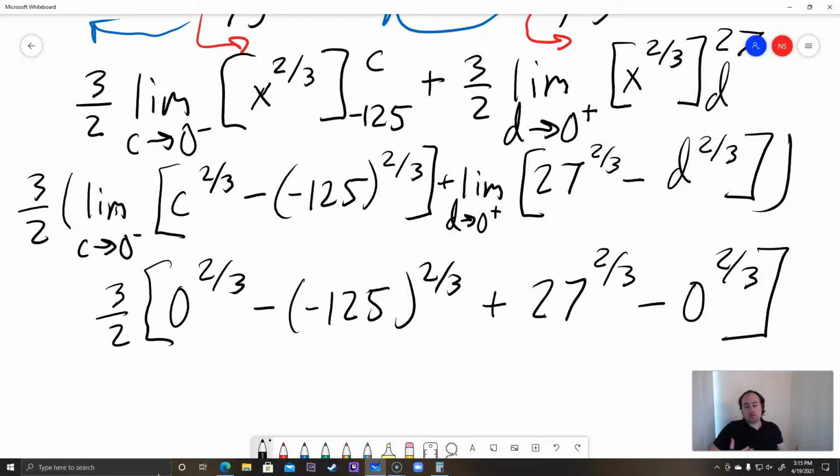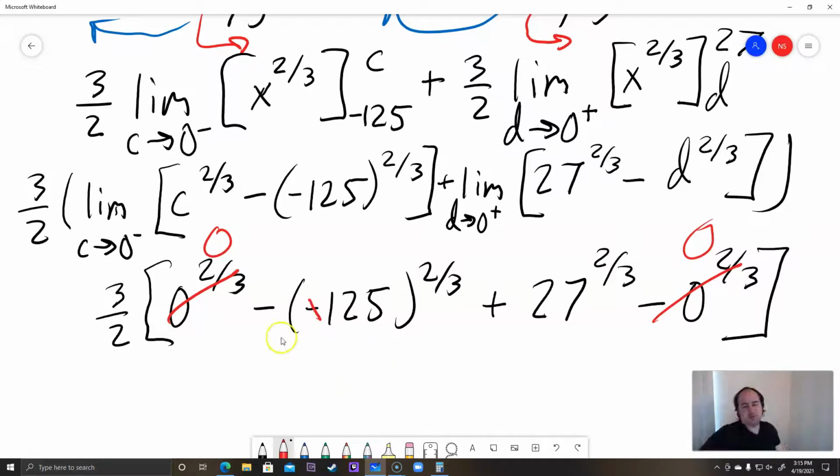So of course 0 raised to any power is 0. Okay, so this is 0, this one is 0. And then for the negative 125 to the 2/3, there's a couple ways you could do it, but remember the 2 is in the numerator, and if you square negative 125, the minus is going to go away. Okay, so I can cross out this minus there.